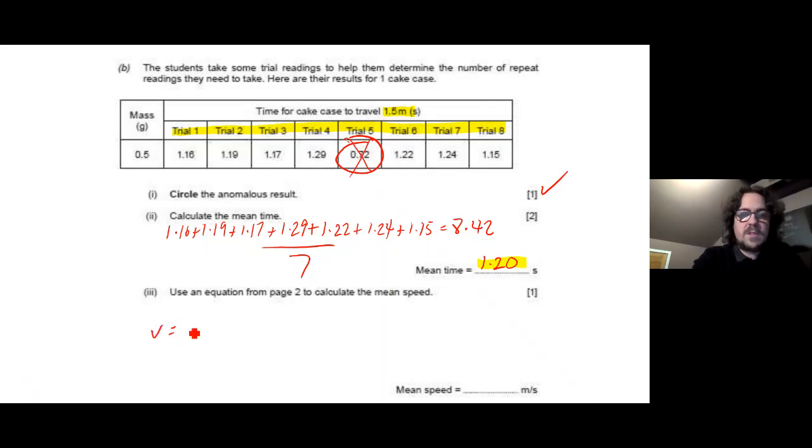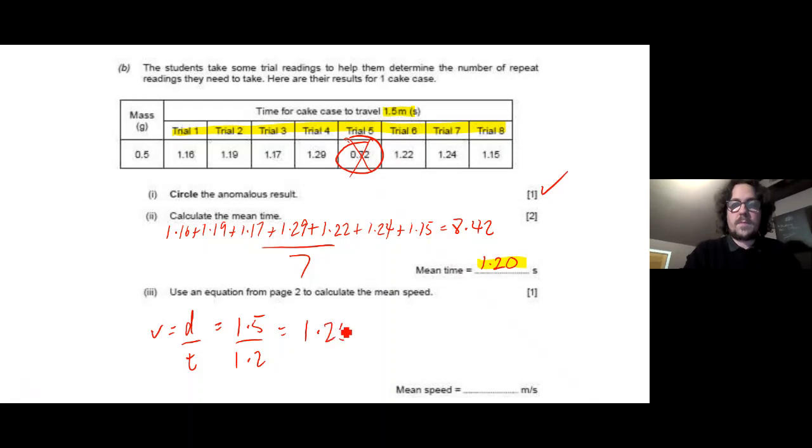So v is equal to distance over time, and the distance is 1.5, given to us at the top of the table, divided by 1.2. 1.5 divided by 1.2 is 1.25. Very often you might be asked to calculate one of these values in a table, and it's just good practice to know how to do that.